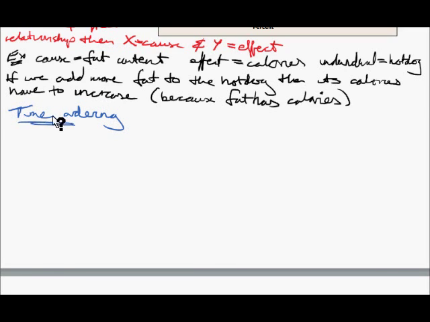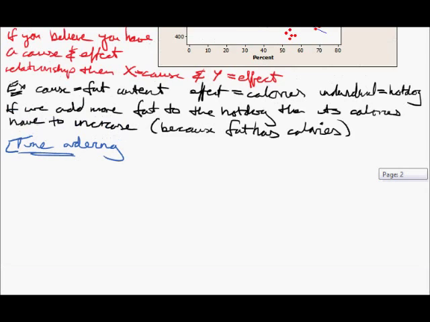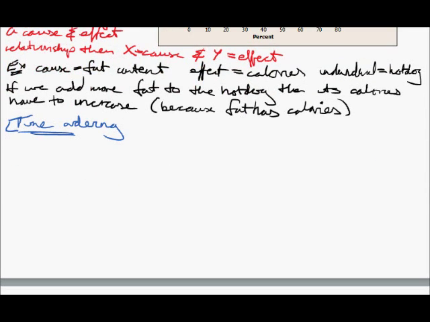So time ordering. Example. Suppose in a class, let's make it a math class.